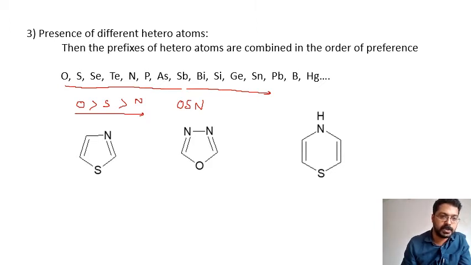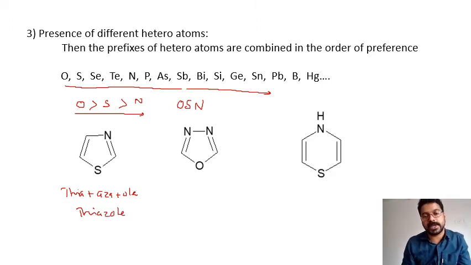It is because the first preference is sulfur, so it is thia plus aza plus ole. It is 1,3 thiazole. You cannot write aza plus thia plus aza. It is thia plus aza plus ole, 1,3 thiazole.